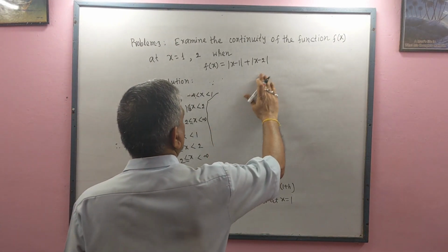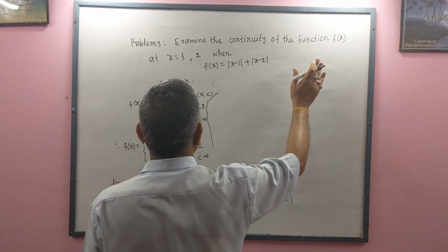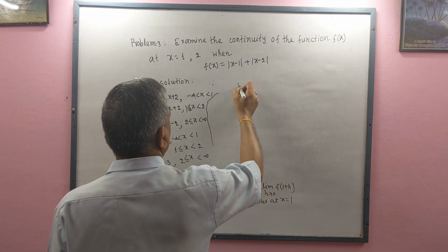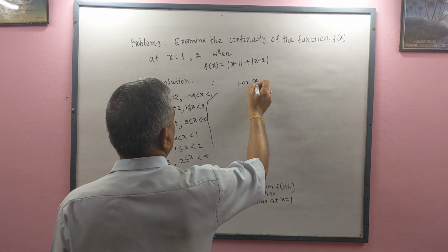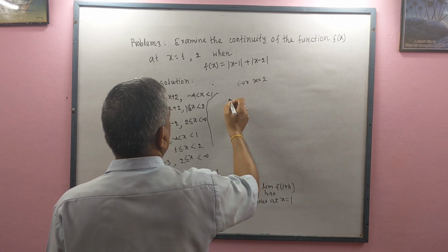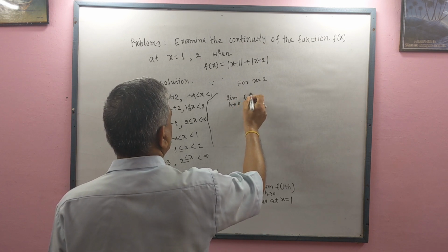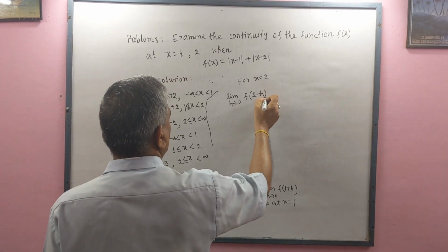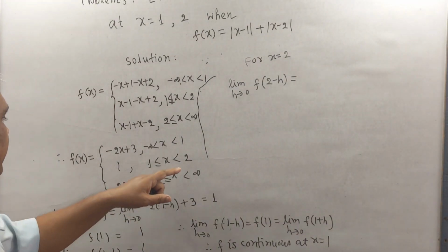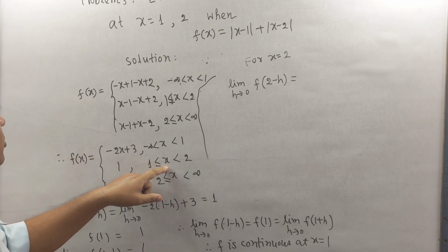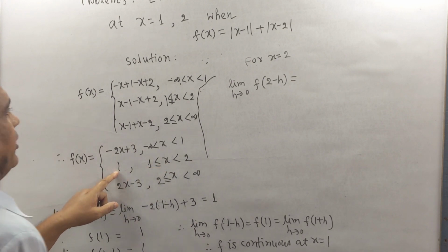Now, we examine the continuity at x equal to 2. For x equal to 2, limit h tends to 0, f(2 minus h). Here 2 minus h is less than 2, so f is 1.